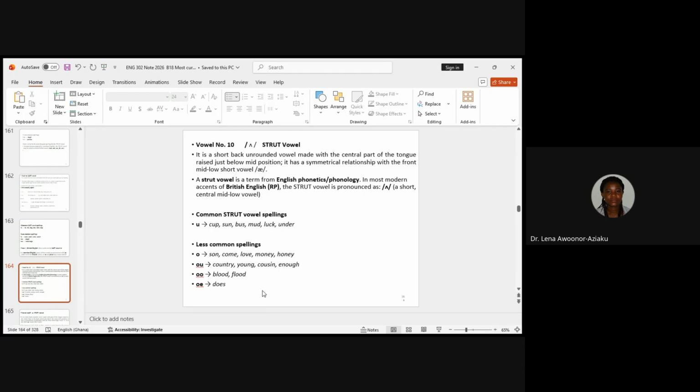Americans lower it, so they will say dress, met. But with a low vowel like the a in man, can, they will raise it again to the position of the dress vowel. So instead of man, they will say men. Instead of can, they will say ken.